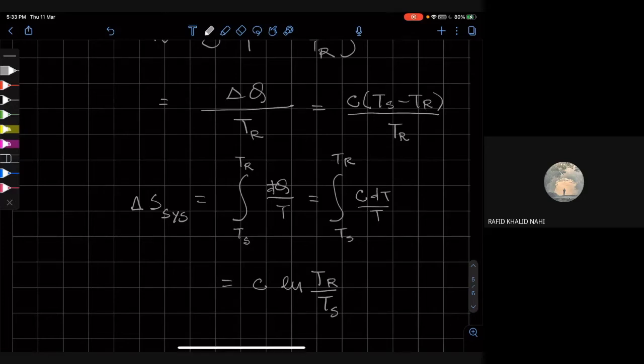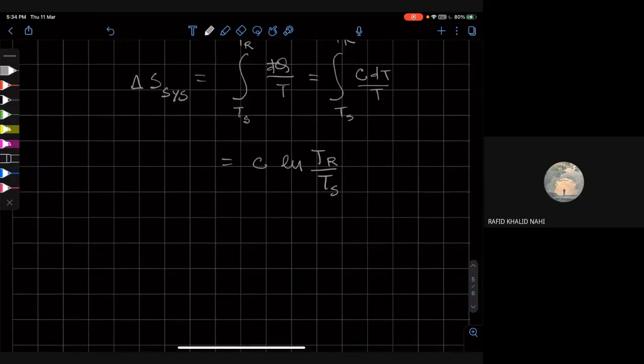Again, if the temperature of the reservoir is higher than the temperature of the system, then this will be positive, right? Because heat is flowing into the system. If the temperature of the system is greater than Tr, then the log factor is negative, and therefore dS is negative. Okay?